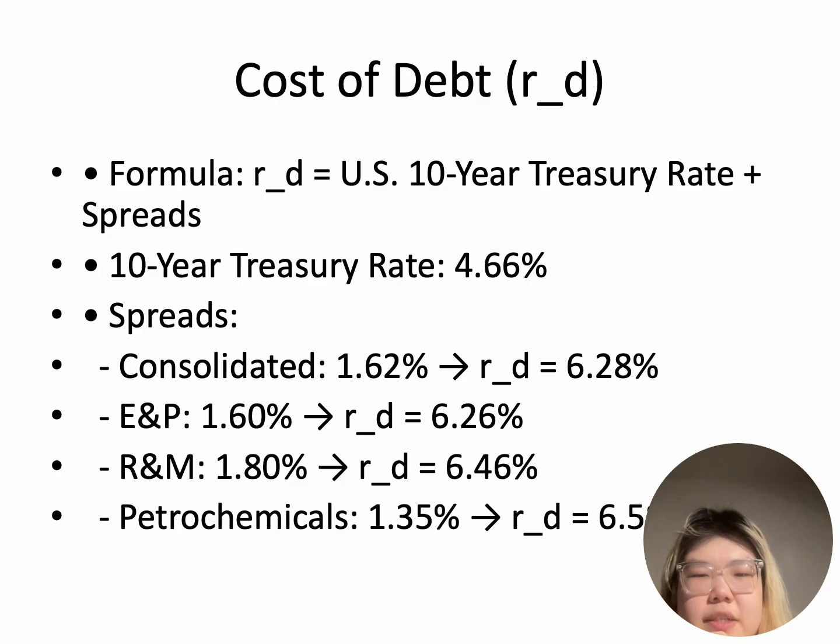Adding the credit spread for each division, such as 1.6% for the EP, results in 6.28%, and also for the RM, and for the petrochemical parts.